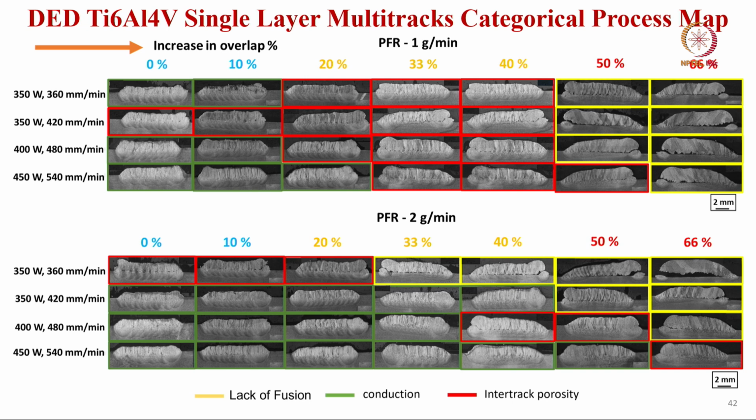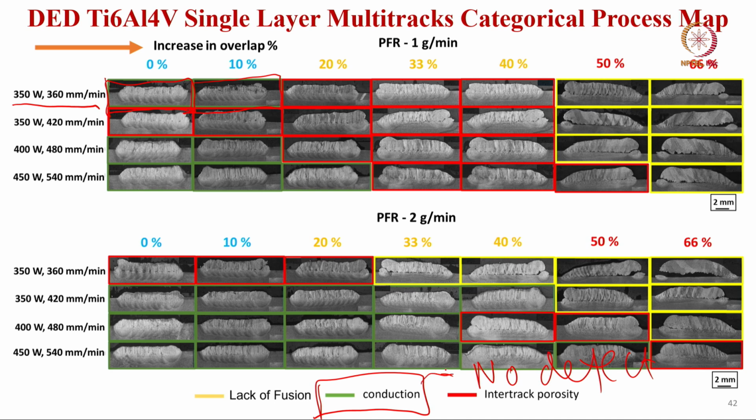Take a combination of different parameters, like 350 watt laser power and 360 millimeter per minute scan speed. Now, if you increase the overlap, whenever you see a green colored box, that means this is perfect conduction without any defect. That is what I am mentioning here, no defect.